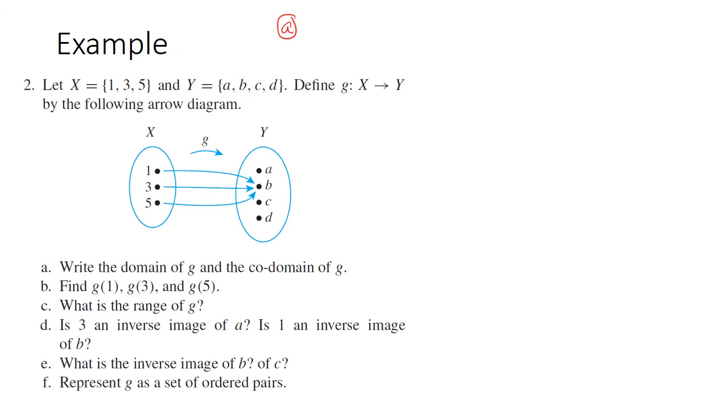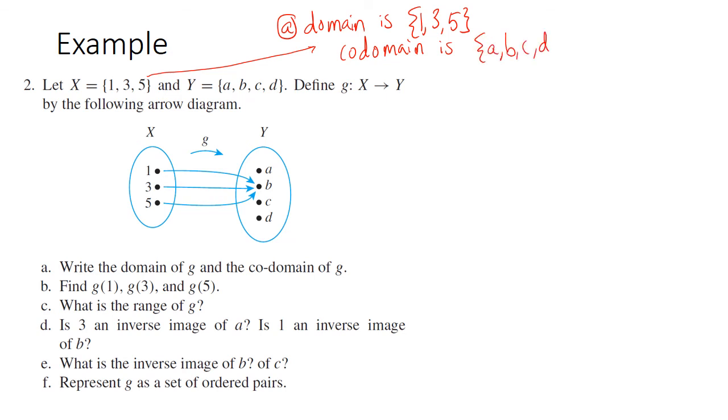The domain of g is given in the problem itself, so the domain is the set containing 1, 3, 5. And the codomain is also given in the problem itself. That is capital Y, which is the set containing A, B, C, D. Alrighty.